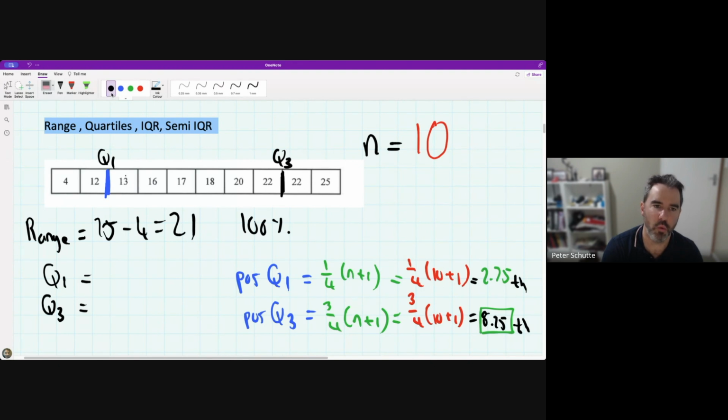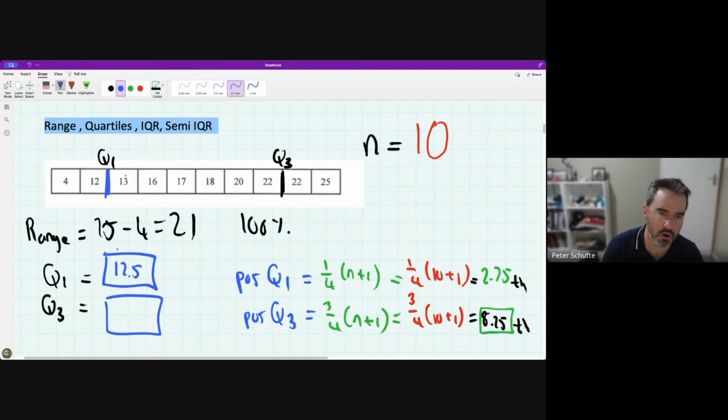And so what is the value of Q1 going to be? Well, what's 12 plus 13 divided by 2? It's 12.5. What is the value of Q3? Well, 22 plus 22 divided by 2 is still 22. And so the middle 50% of the data is sitting between these two values.